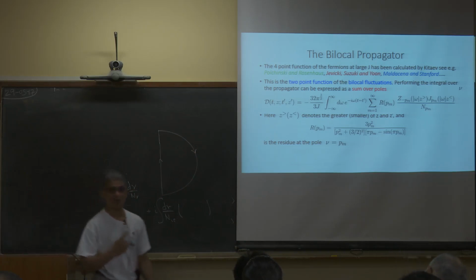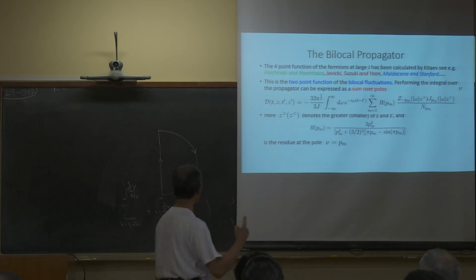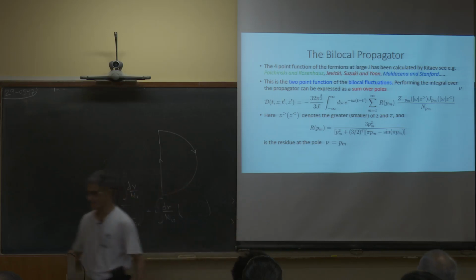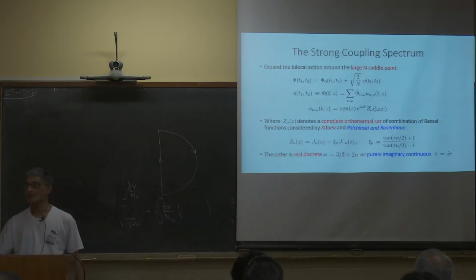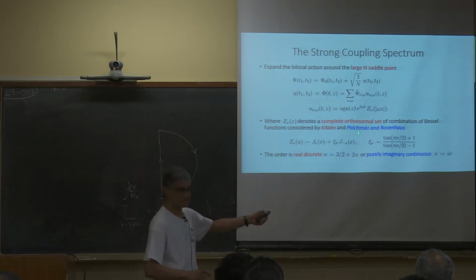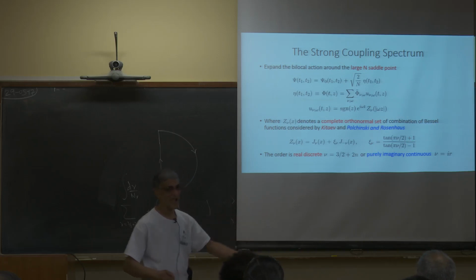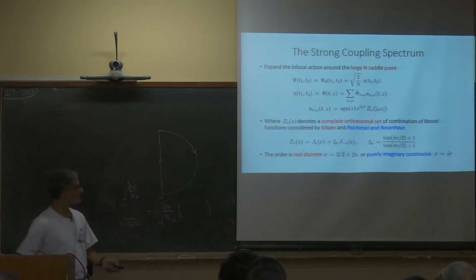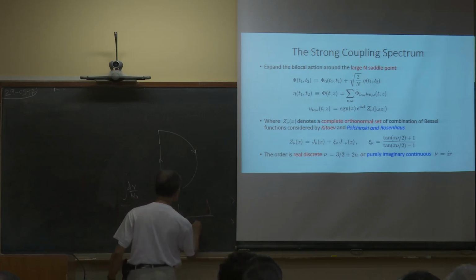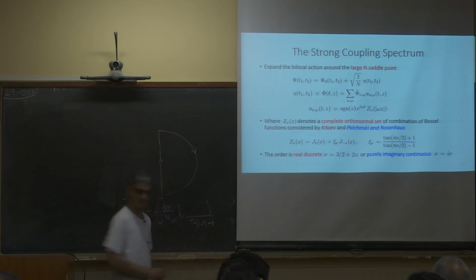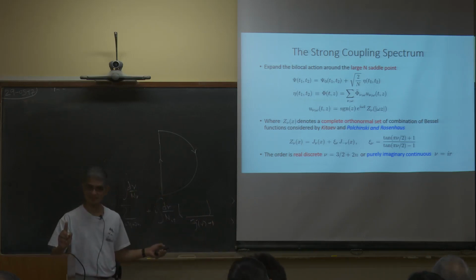There are two sets of poles here, actually. There is one set of poles which come because z is this combination. This quantity has poles, and these poles are at 3/2 plus 2n. Then there is a set of poles which come from this object, g nu minus 1. Those poles are the p_m.